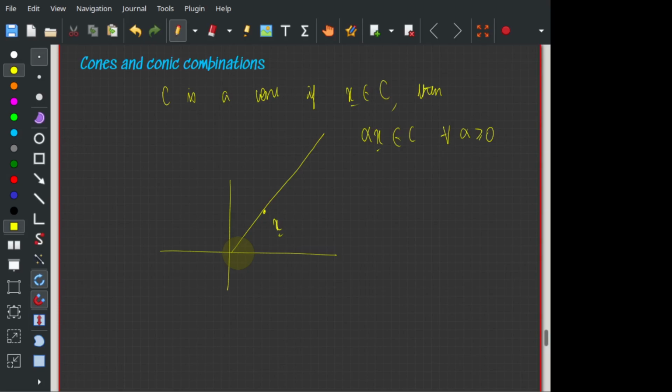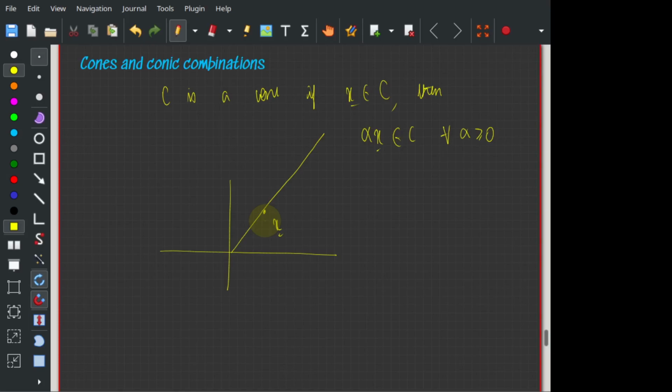Not the other way around. Remember, I'm taking alpha to be greater than or equal to 0. So a set is a cone if no matter which point you pick in the set, all these rays are also going to be contained within this set. So pictorially, what would a cone look like if we just go by this definition?